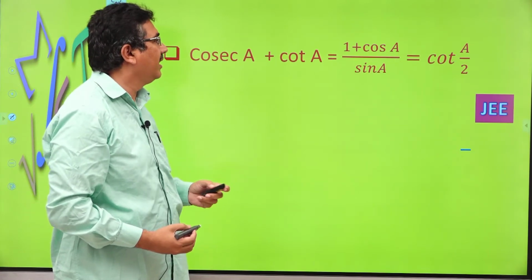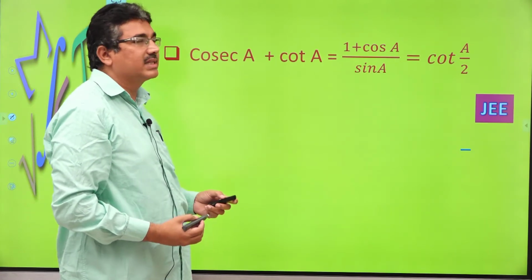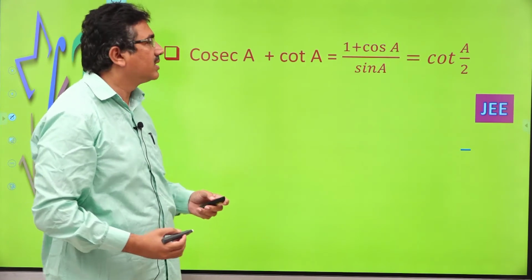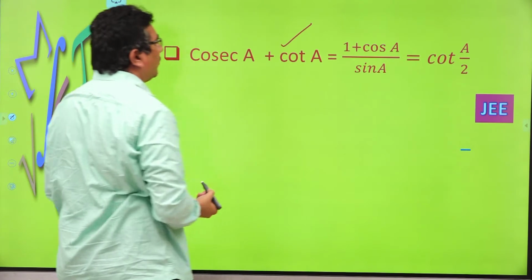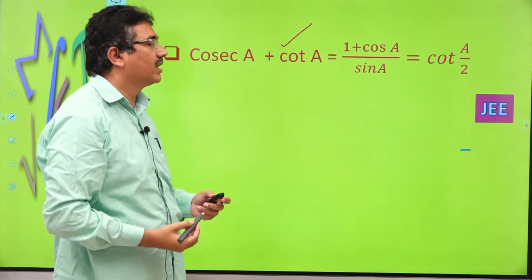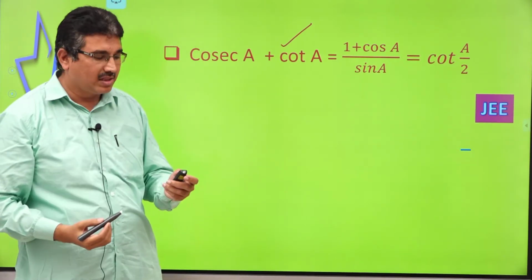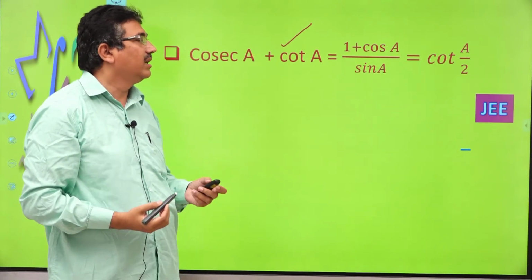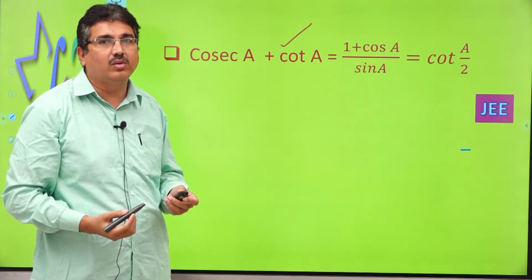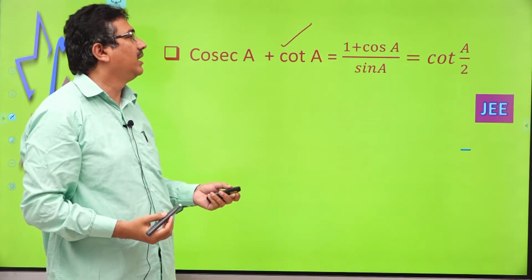Right. What is the value of cosecant A plus cot A? Cosecant A is simply 1 by sin A, cot A is equal to cos A by sin A. Right.